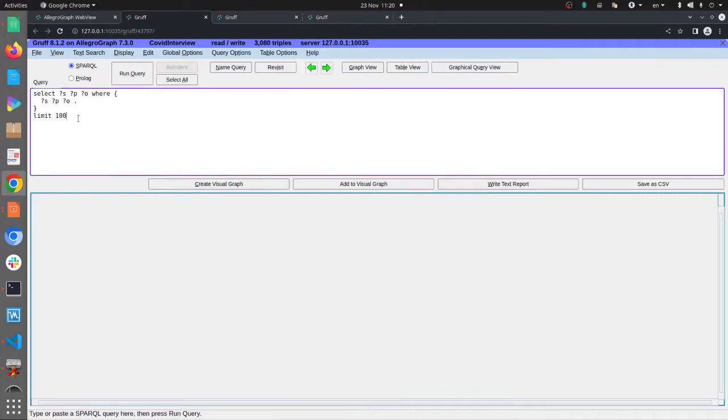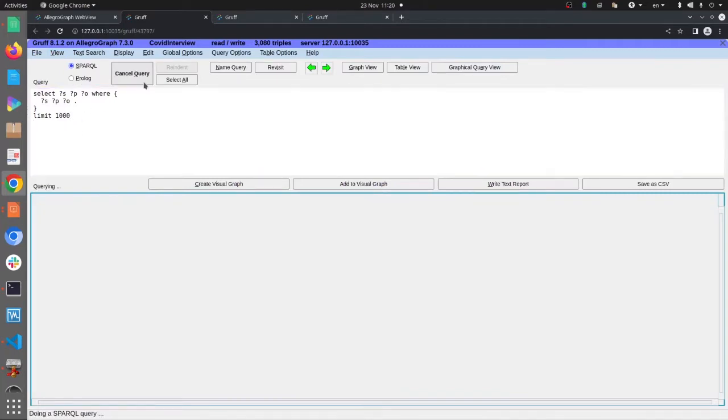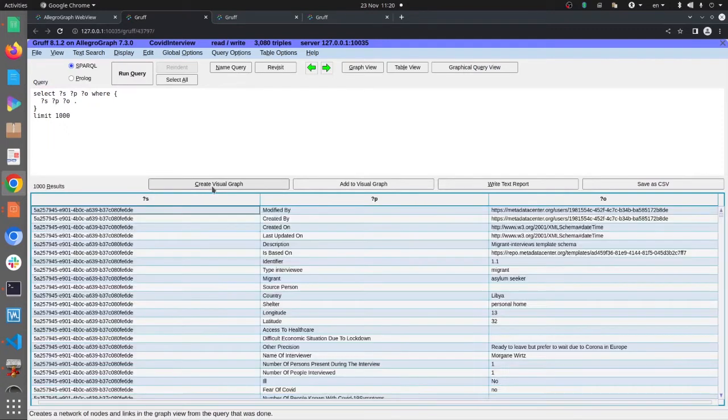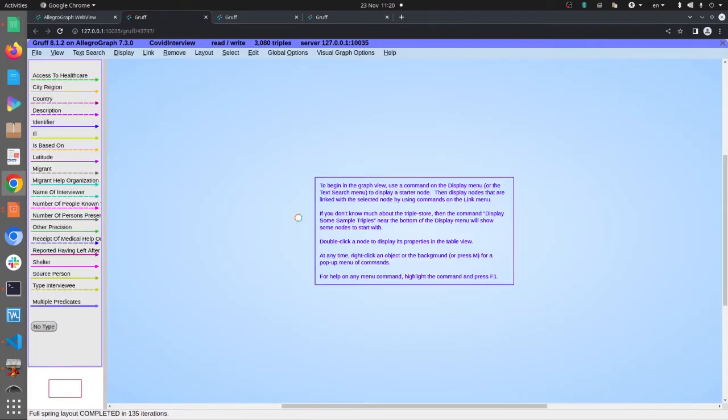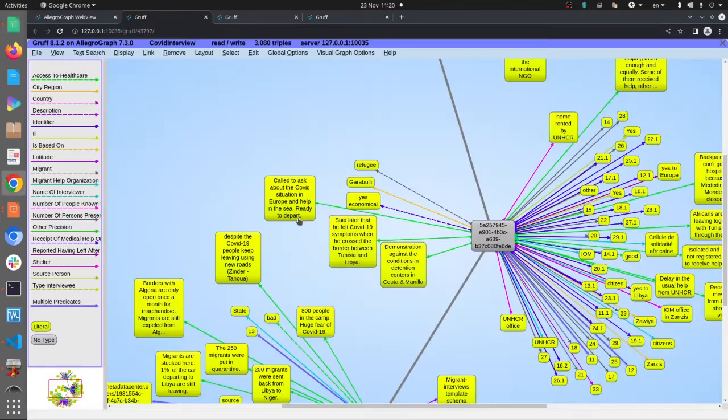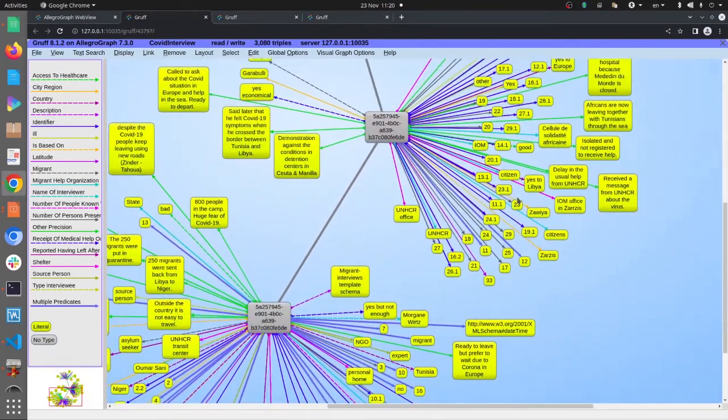Let's take around 1000 of the cases and try to see what it looks like. It's usually easier to look at it in this format instead of this one.